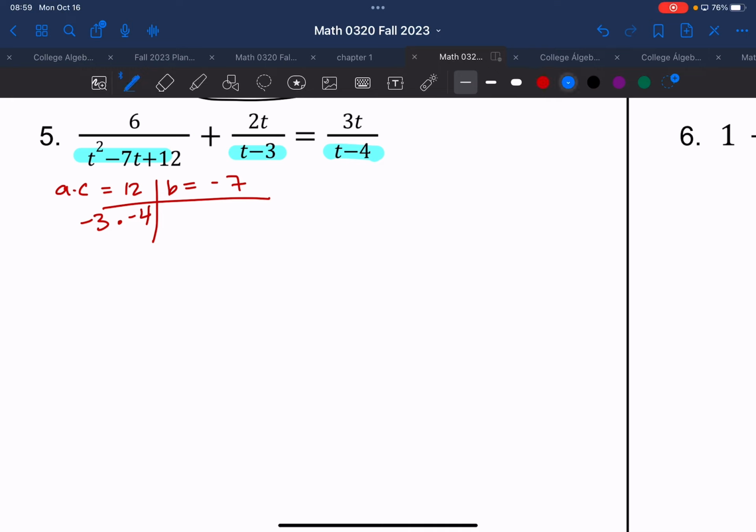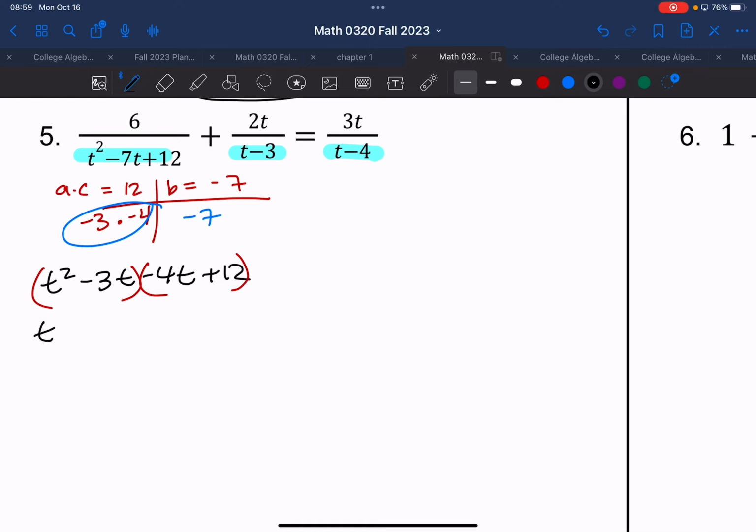And if we add them together, we get -7. So that means we plug these in. t squared minus 3t minus 4t plus 12. And now we do what type of factoring? Grouping. Factor by grouping.